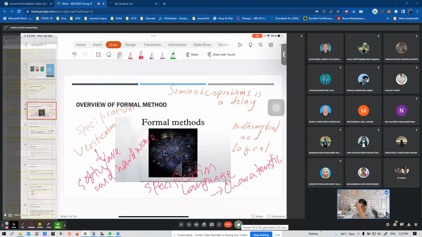Okay, and then we have several categories in formal method. For example, we have abstract state machine (ASM).